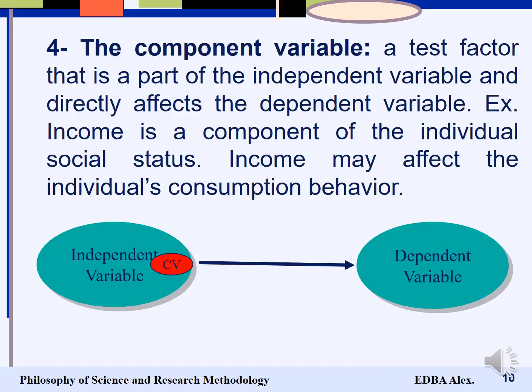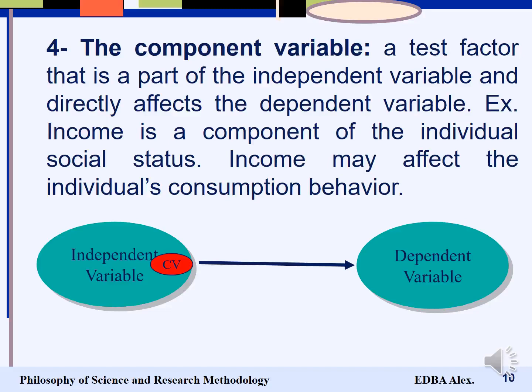The independent variable has different components. One of them is the component variable, the red circle here. We may observe that there is a relationship between the independent and the dependent variable, but in reality, not the entire independent variable affects the dependent variable. It is only a part of it.